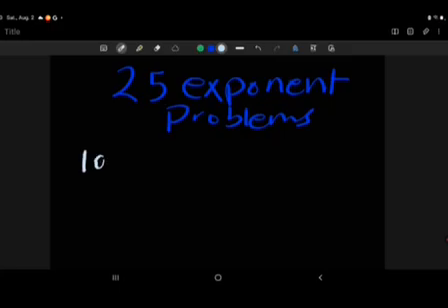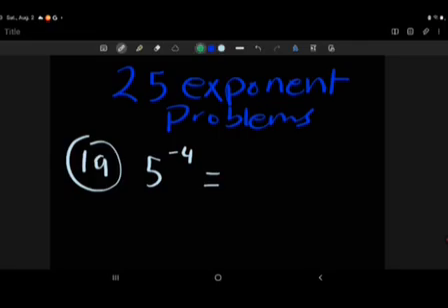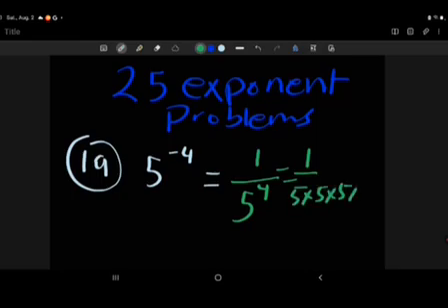Now problem 19, we have 5 to the negative 4th power, so of course that's going to be equal to 1 over 5 to the 4th power, which is 1 over 5 times 5 times 5 times 5. Okay.